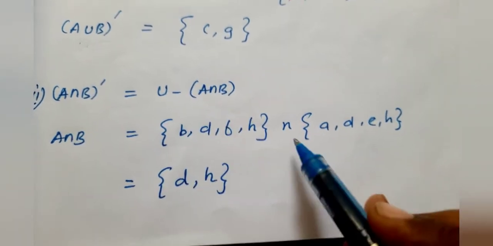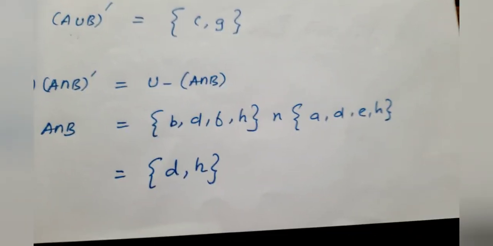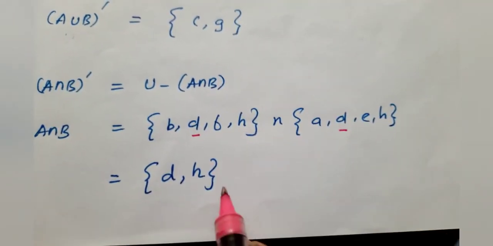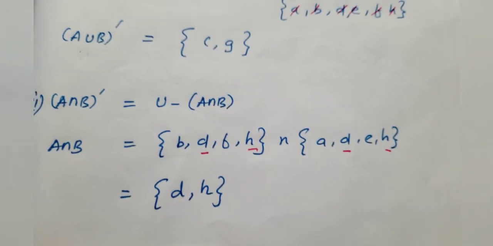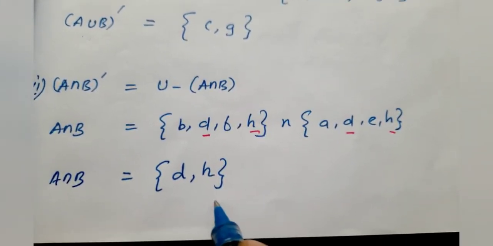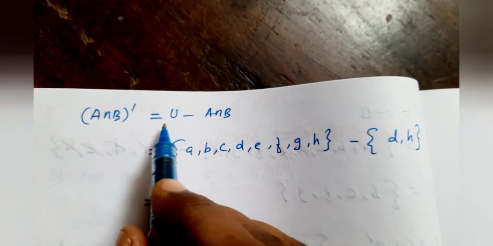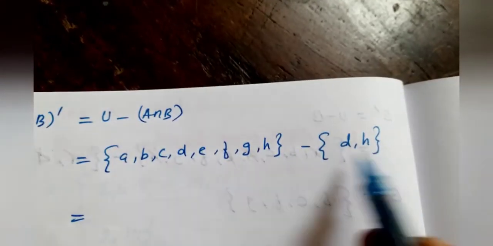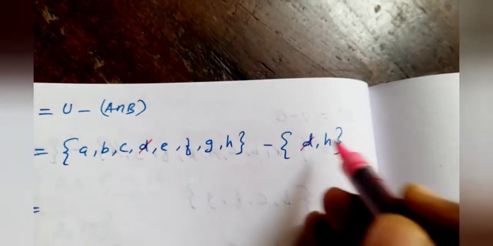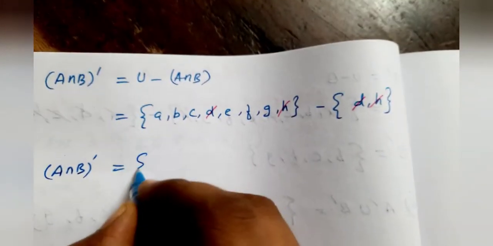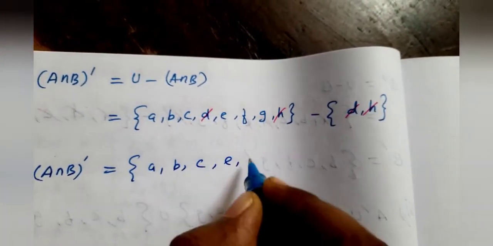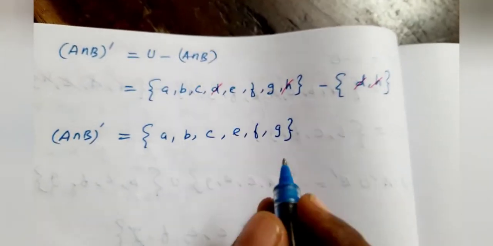The set of elements A intersection set of elements B: the common elements are D and H. Therefore A intersection B equals D and H. Then A intersection B the whole dash is the universal set minus A intersection B. So remove the common elements D, H. The remaining elements are called A intersection B the whole dash, that is A, B, C, E, F, G.